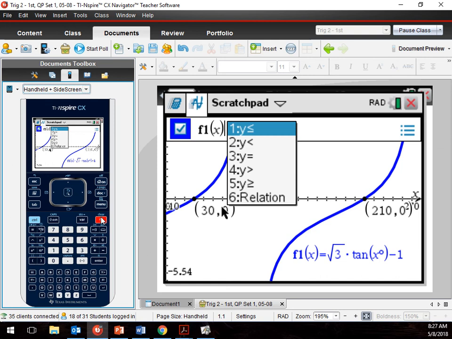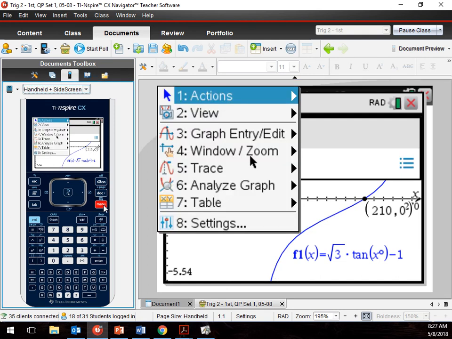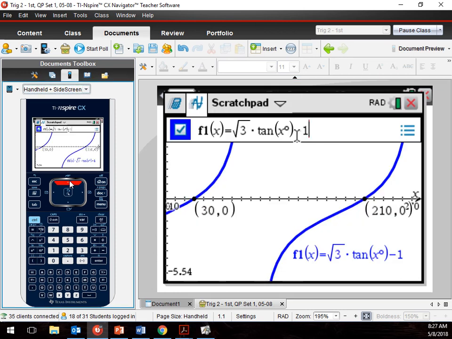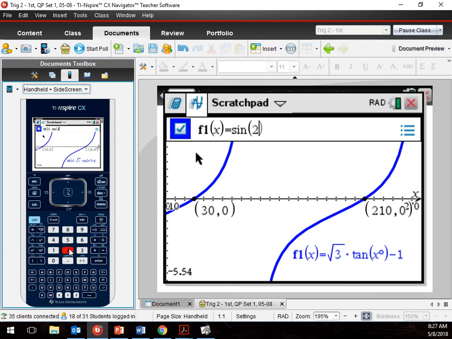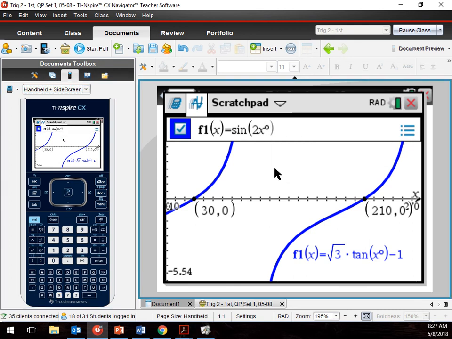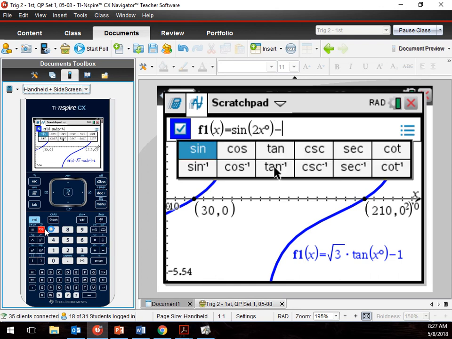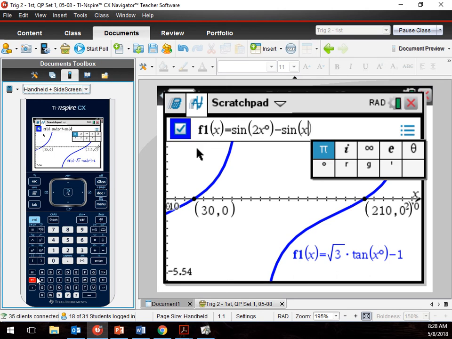Dang it. Why do I keep messing this up? So sine of 2 theta, x forced degrees, minus sine of x, degrees.